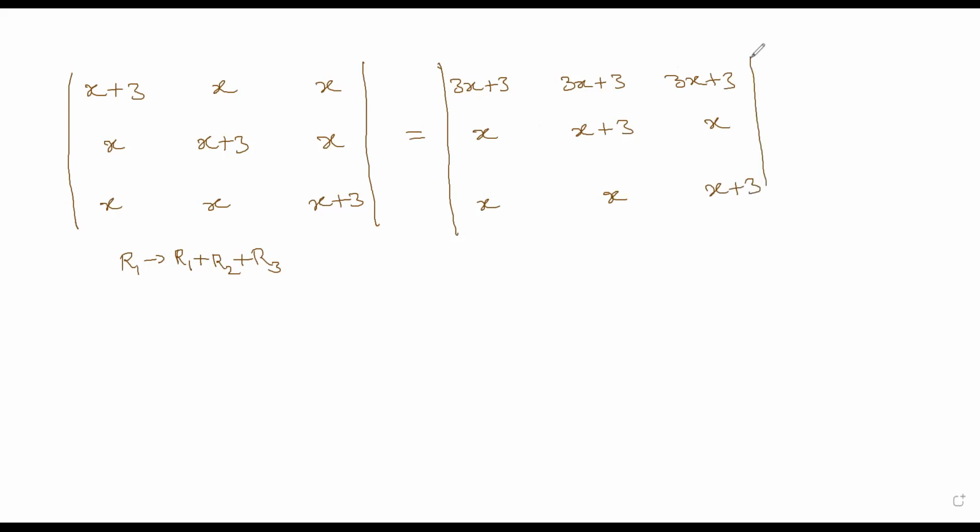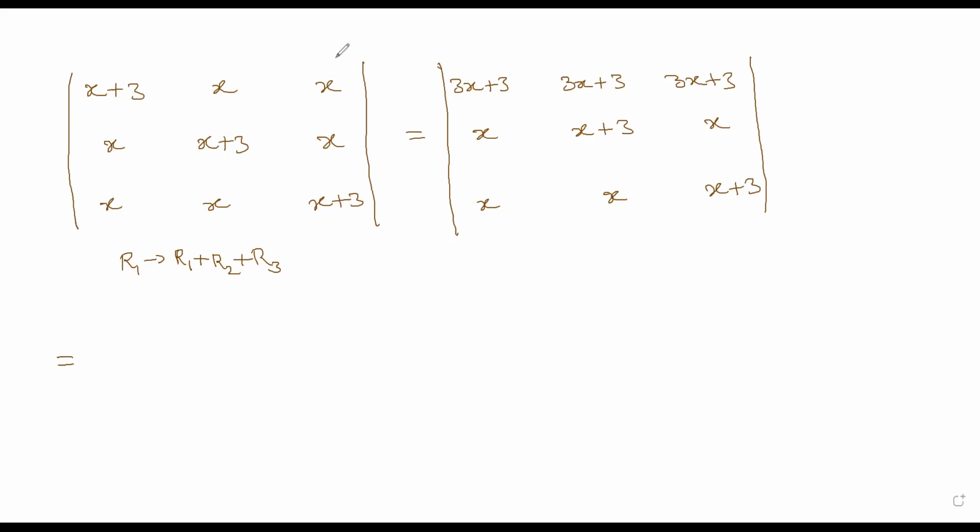Now 3x plus 3 we will take common. 3x plus 3 is nothing but 3 times x plus 1, right?